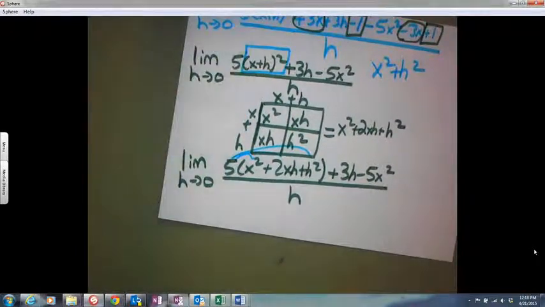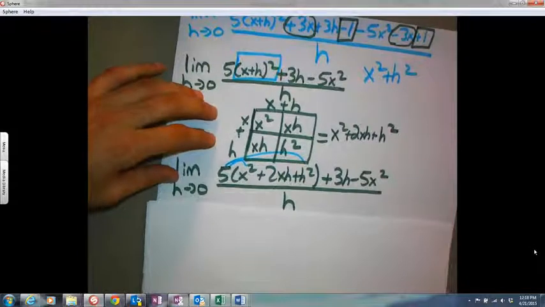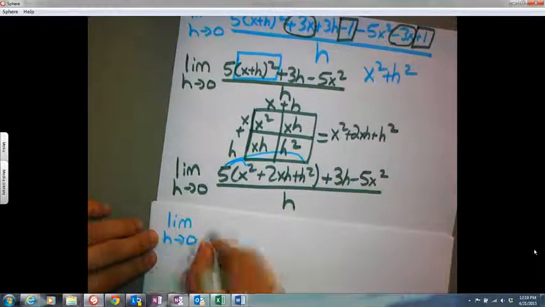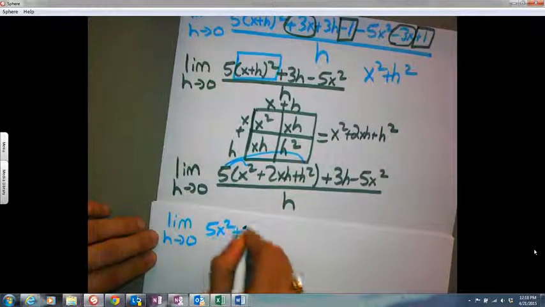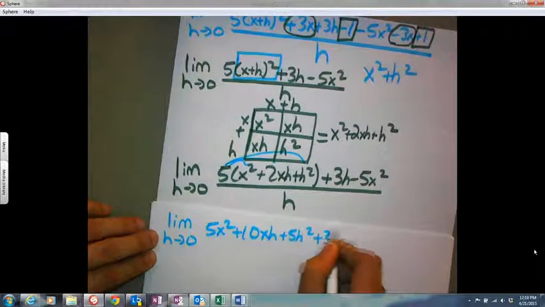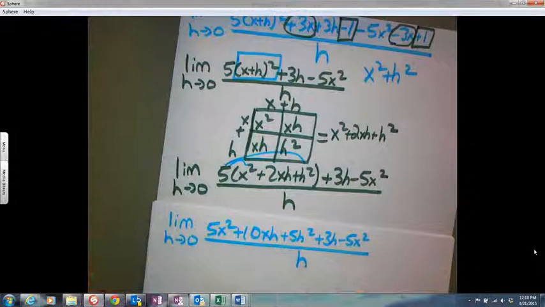Cool. So we've got limit at h goes to 0, 5x squared plus 10xh plus 5h squared plus 3h minus 5x squared all over h. Let the cancellations happen. The two things with a check mark should cancel.